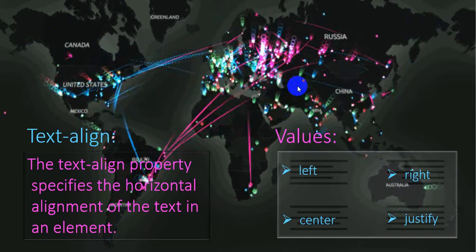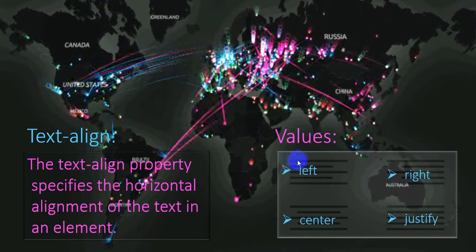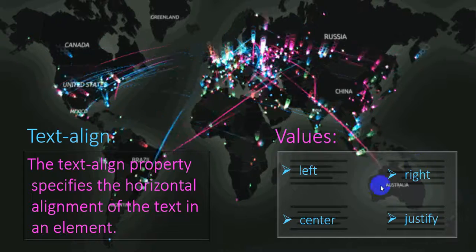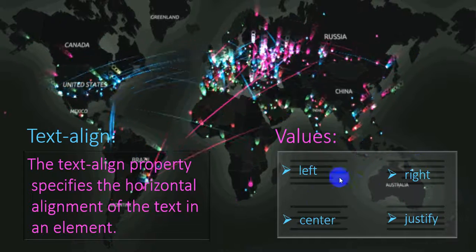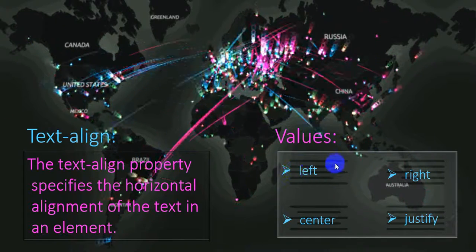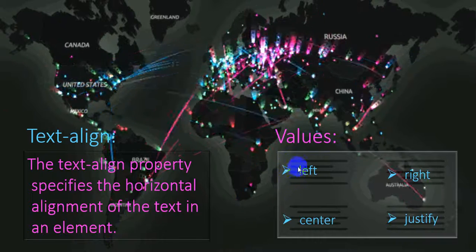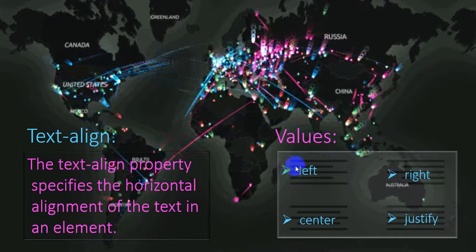So the valid values given by the text align property are left, and so on. See in the background, student, I have just tried to make it clear. You have a horizontal line, that's a row. So if these rows start from the left hand side, see, 1 2 3 4 5, I have taken five rows.